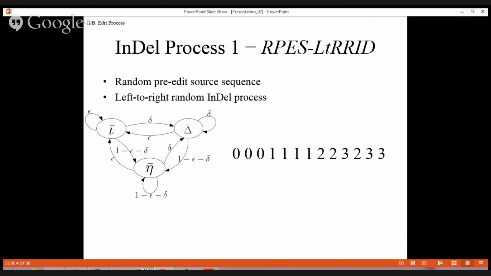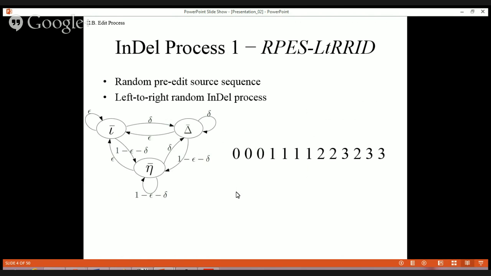The insertion-deletion process is modeled by a three-state Markov chain, and the transition probabilities of this Markov chain are set as shown in this figure. Hence, the insertion-deletion process is an IID insertion-deletion process.